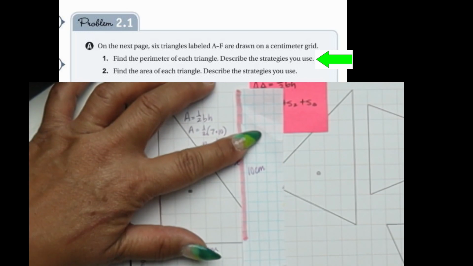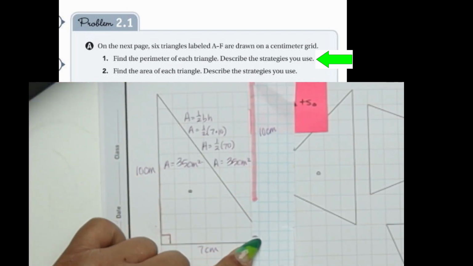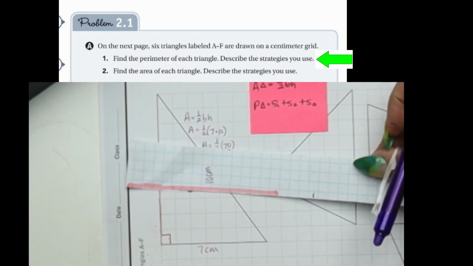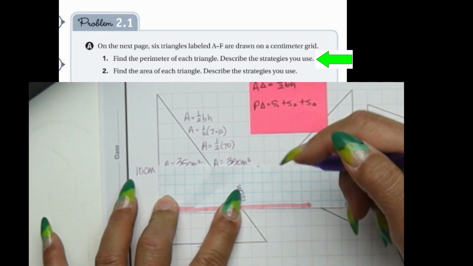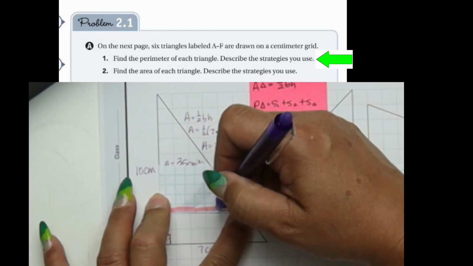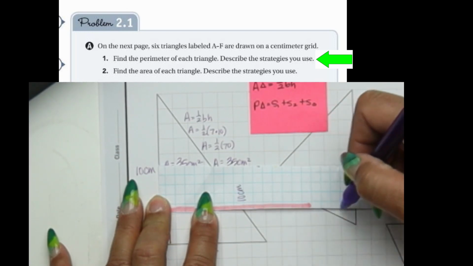So there's 10, and we need this part. So I need to measure. So this is 10. 1, 2, 3, 4, 5, 6, 7, 8, 9, 10, 11, 12.